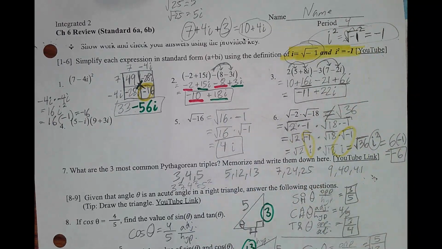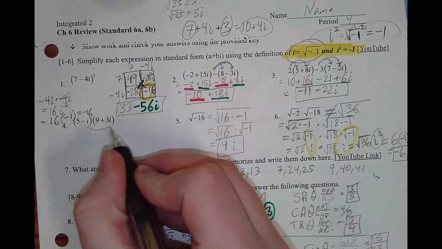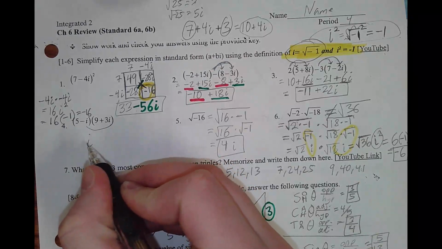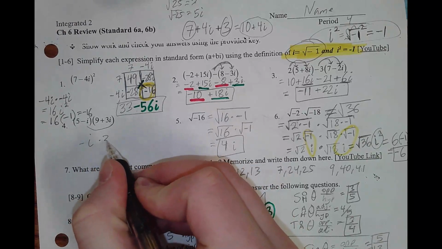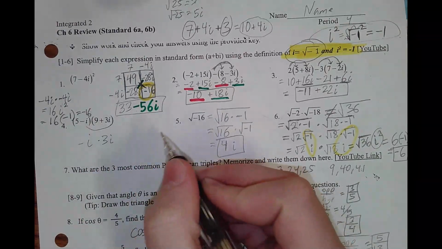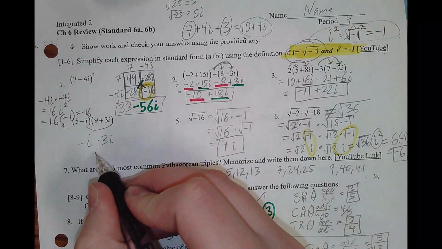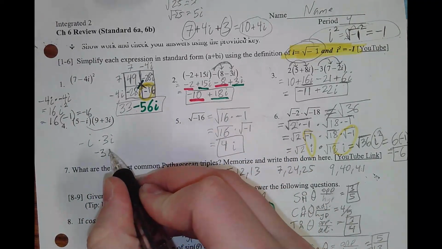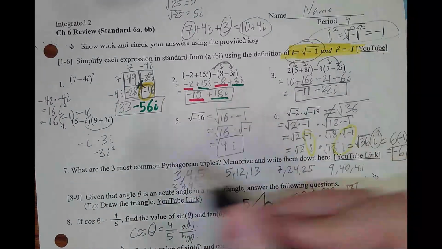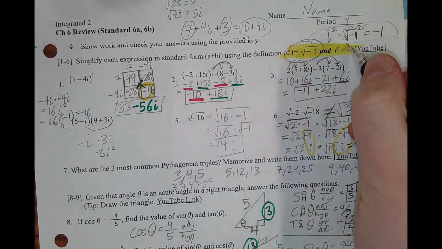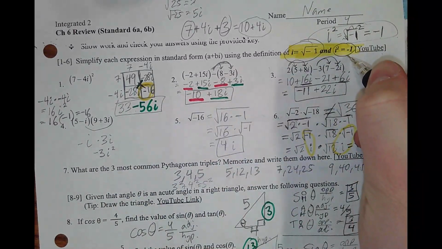For example, on number 4, when you multiplied -i and 3i using an area model, you should get -3i squared. But what is i squared, right? i squared is -1.